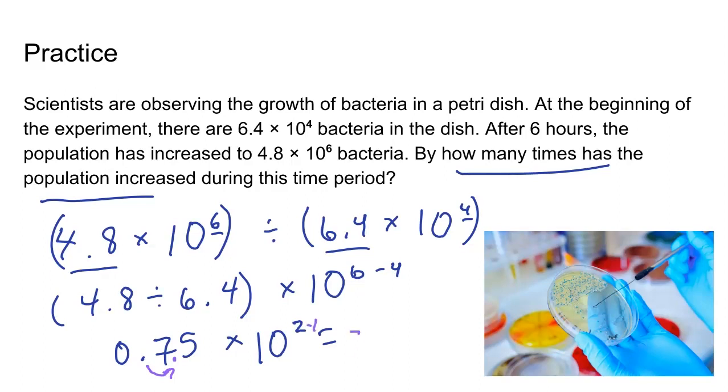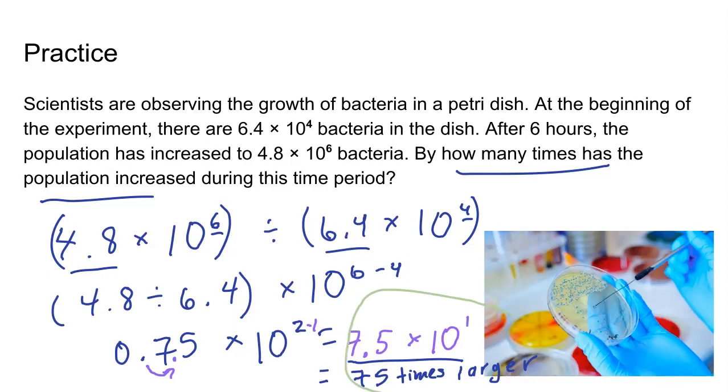So that gives you 7.5 times 10 to the 2 minus 1 is 1, or 10 to the 1st power. And since 10 to the 1st power is simply 10, you can multiply 7.5 times 10 to get your answer. 7.5 times 10 is 75. So the population of bacteria got 75 times larger.